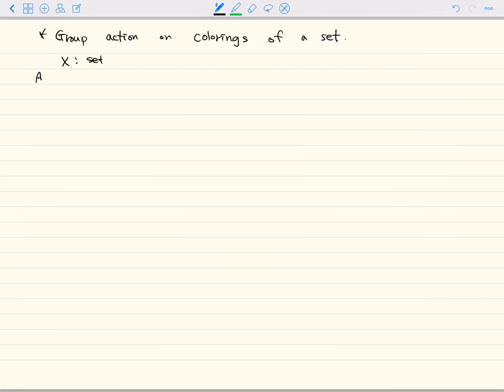A coloring of a set X with colors, say C1 through CK, suppose there are K colors available, is nothing but a function f from X to the set of colors.